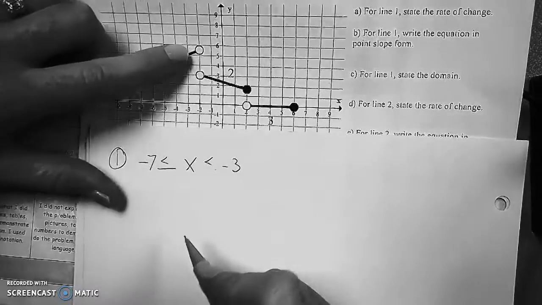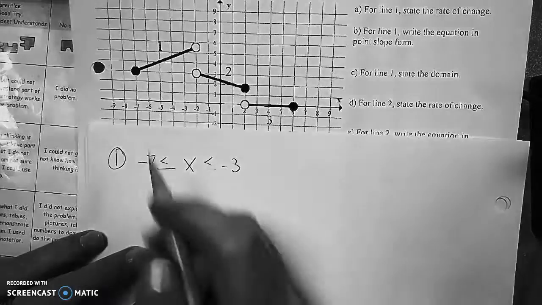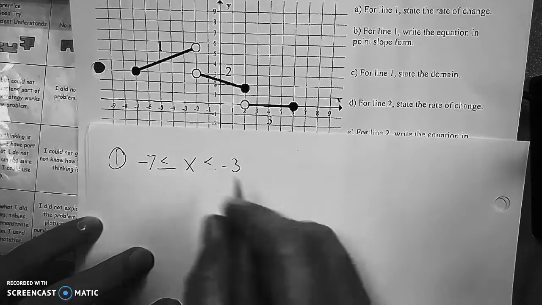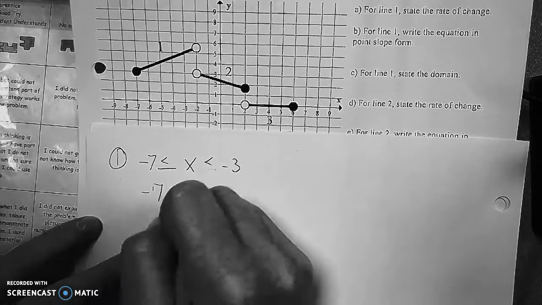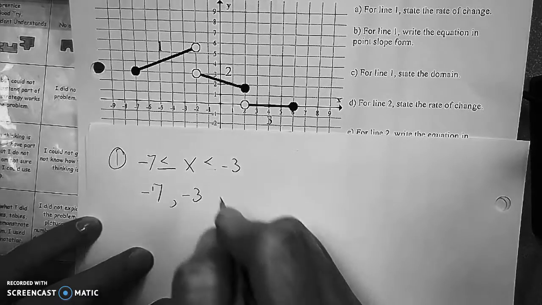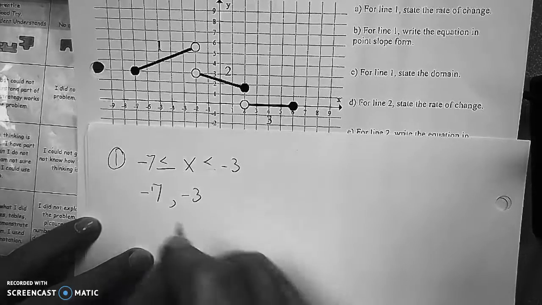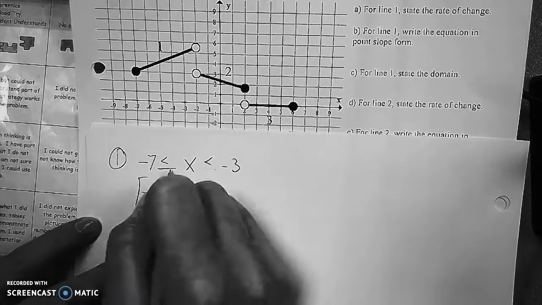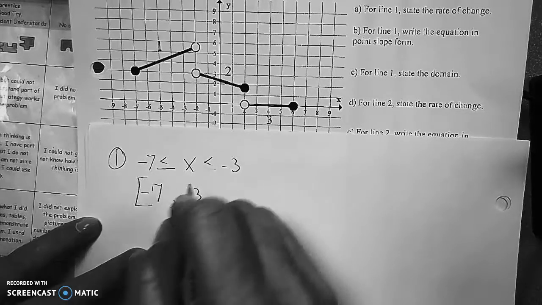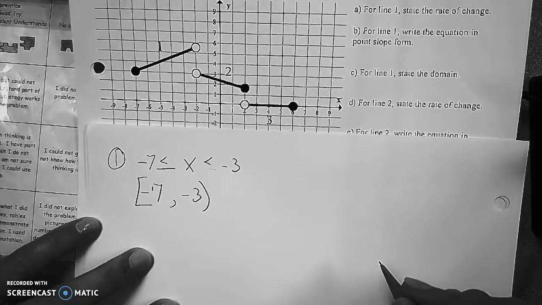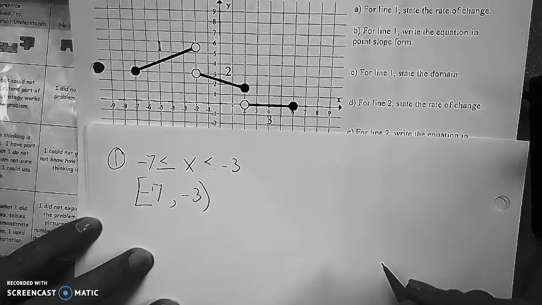I said that wrong earlier, and the reason is because it's an open circle. When I write that as an interval, my lowest x value is -7, my highest value is -3. -7 gets a bracket because it's equal to, whereas -3 gets a parenthesis because it's not included in that interval.